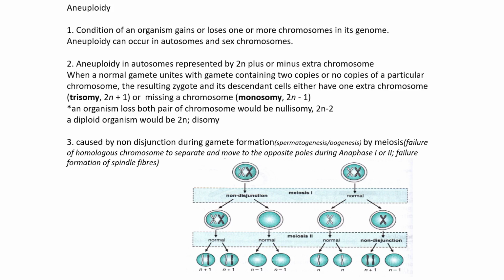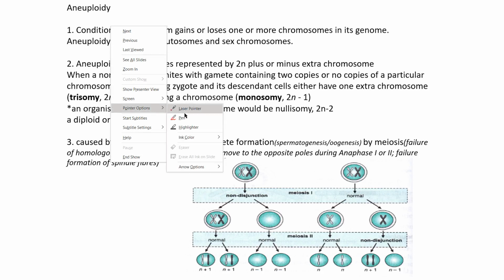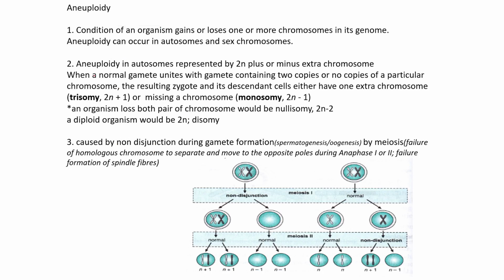When a normal gamete unites with a gamete containing 2 copies or no copies of a particular chromosome, this is the gamete that does not contain any copy of a particular chromosome, as you can see from here, because of the nondisjunction in meiosis 1.